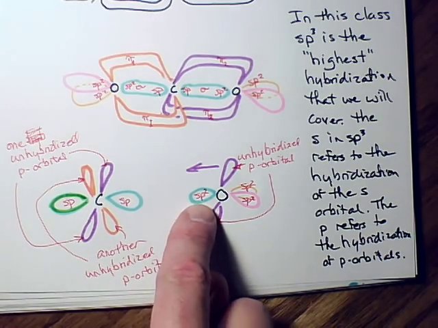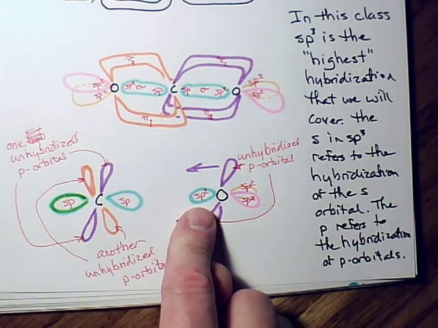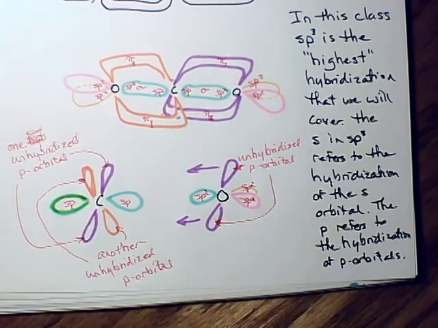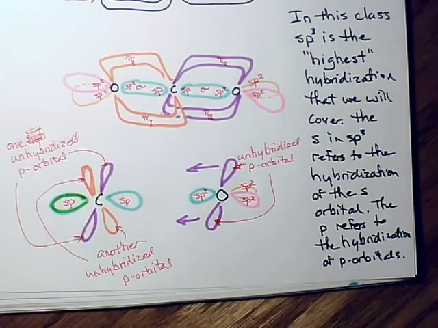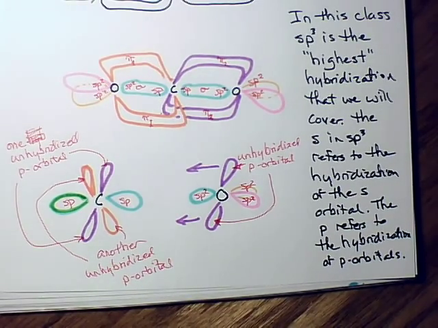How do you know which hybrid came from the s orbital? Doesn't really matter. You don't have to know which one came from the s orbital because when you hybridize it, it's exactly the same as these two. So which one came from which really doesn't matter. So if there's three balloons like that, it's just the sp2.